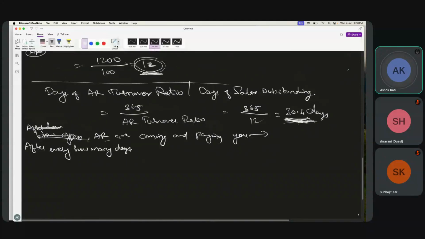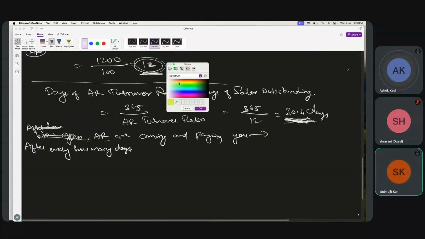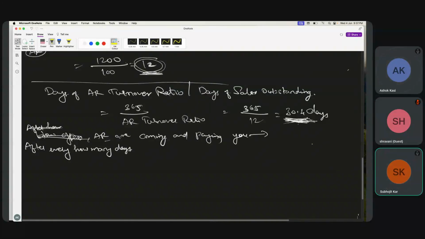Next one, like the lesser it is, the better, right? You don't have anything like lesser is better or maximum is better. For example, for this one, lesser is better. How can you say lesser is better?